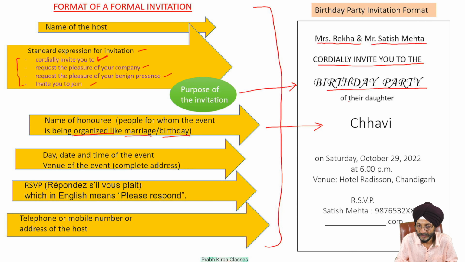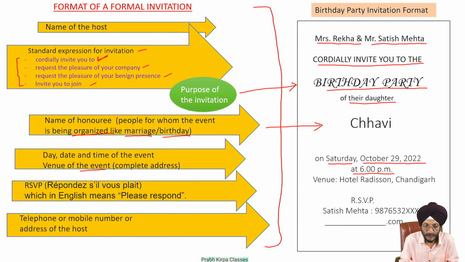We have also written the relation. Then comes the day, date and time of the event. Here the day is Saturday, the date is October 29, 2022, and the time is given as 6 p.m.